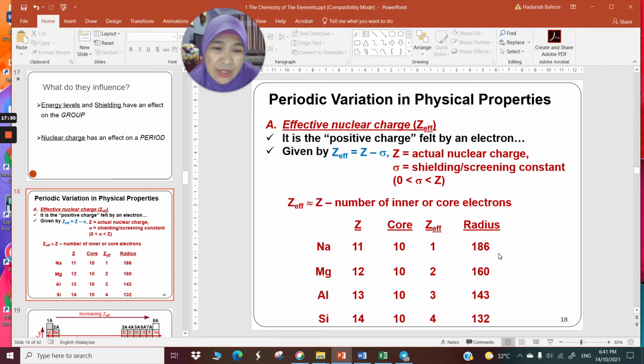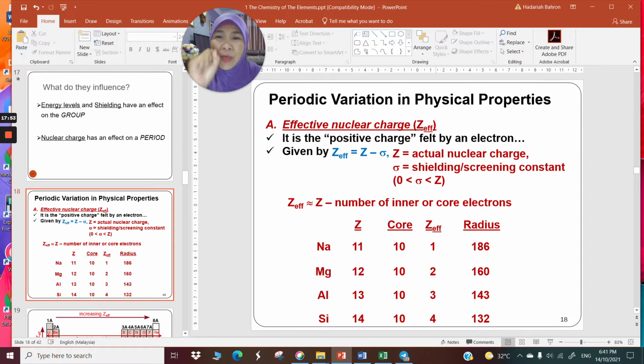The radius of sodium is 186. The radius of magnesium is 160. Why is that? Because the 2 electrons outside of magnesium experience a pull from the nucleus equivalent to 2, compared to 1 for sodium.